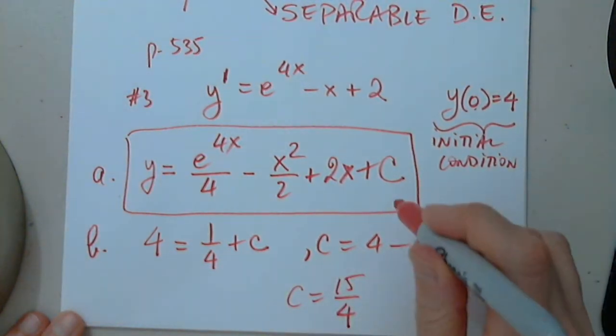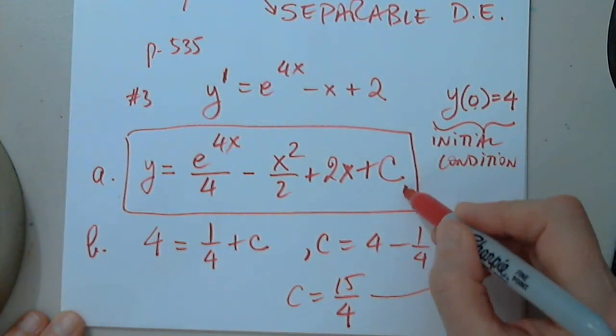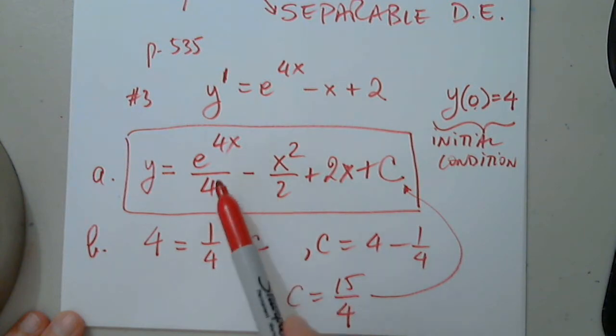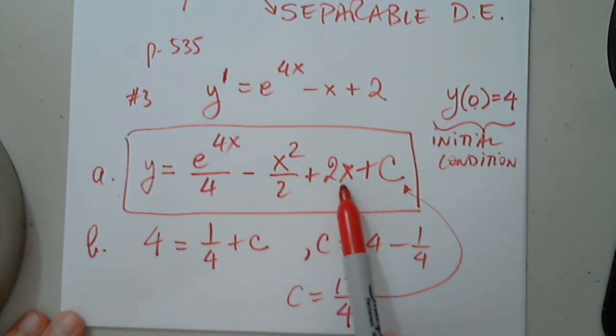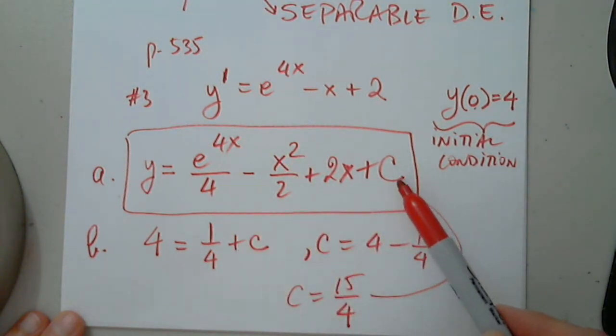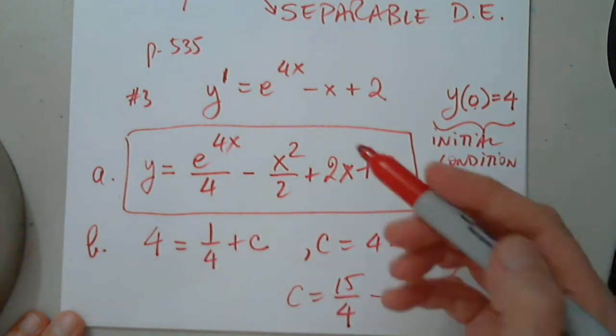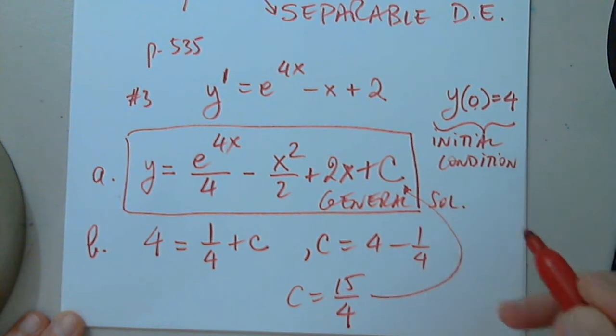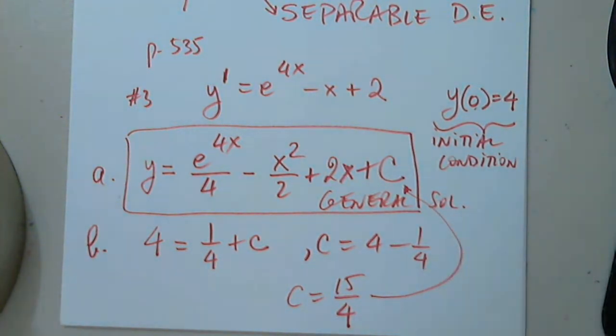So that particular solution will be, I will write it in a moment, e to 4x over 4 minus x squared over 2 plus 2x plus 15/4. This is the general solution. And that will be a particular solution based on the initial condition. Any questions before I write it?